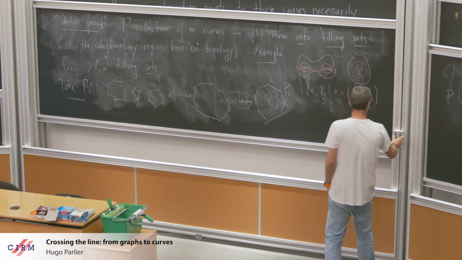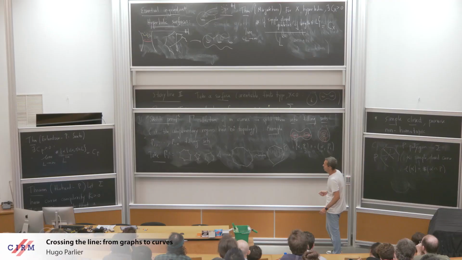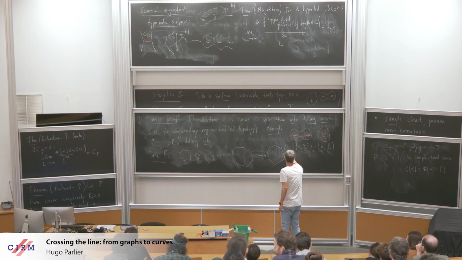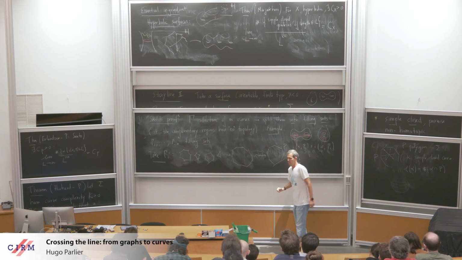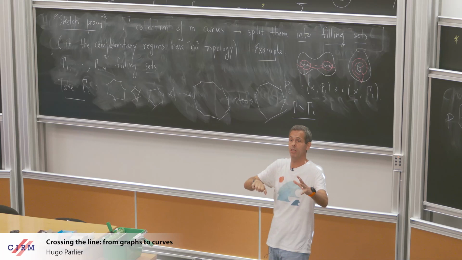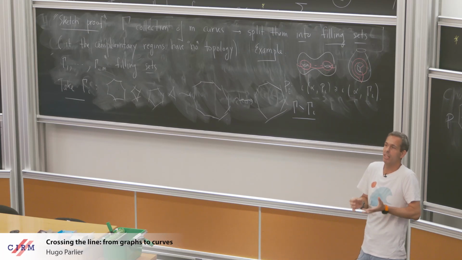And with this in mind, I can now count curves. So I have that number of filling sets. Now I look at all the curves that are not in my chosen filling set. Right? So I had my m curves. I removed a filling set, which is not very big, and I still have roughly m curves.